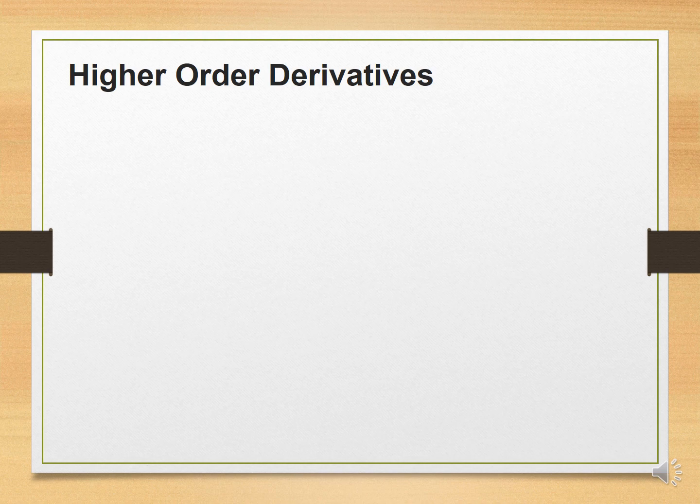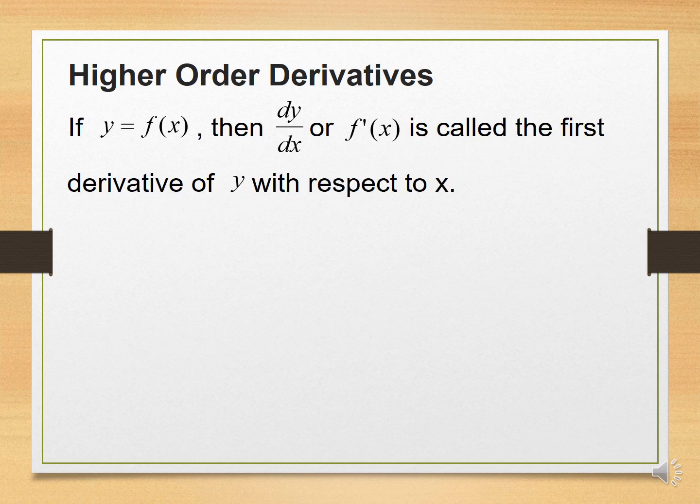Alright, now we come to the end of this chapter, which is the higher order derivative. Previously we have discussed the first order derivatives, and now we will focus on the second derivative. If y equal to f(x), then dy/dx or f prime x is called the first derivative of y with respect to x.